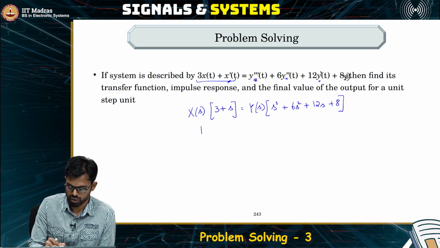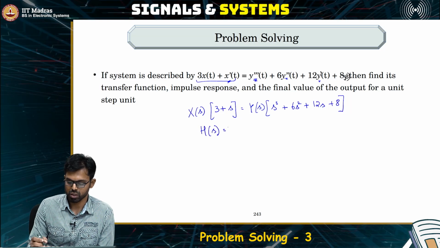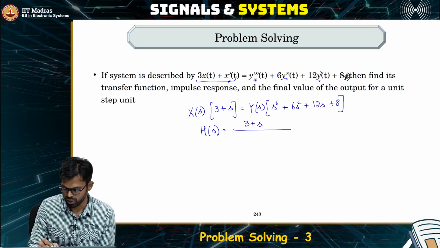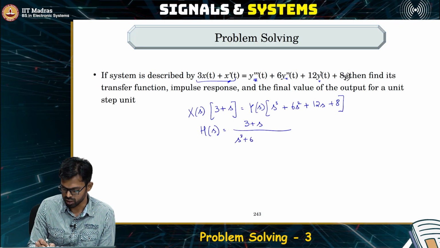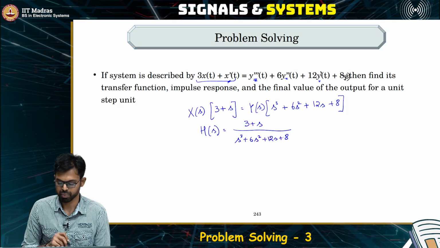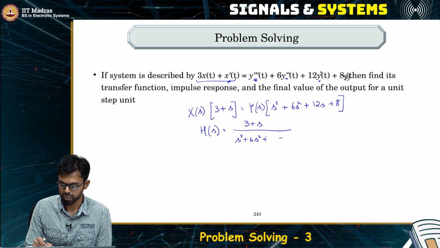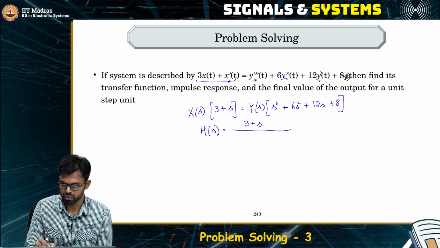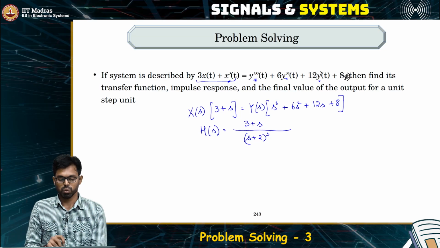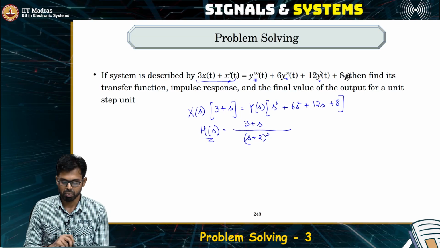Now, the transfer function is H of s equals 3 plus s divided by s cube plus 6 s square plus 12 s plus 8. This is nothing but s plus 2 the whole cube. So, we have already the transfer function in place now.